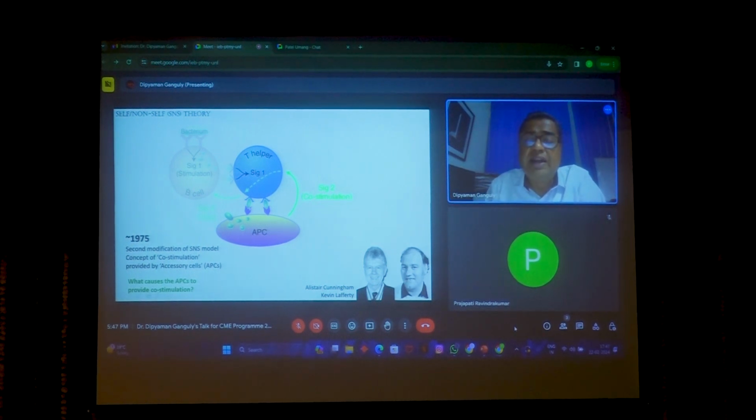And the antigen presenting or the accessory cells are producing co-stimulation or other species-specific signals, which are actually licensing both these lymphocyte subsets. Now, that was a new cell that came in, and here you are looking at a cell where there is no antigen specific receptor.